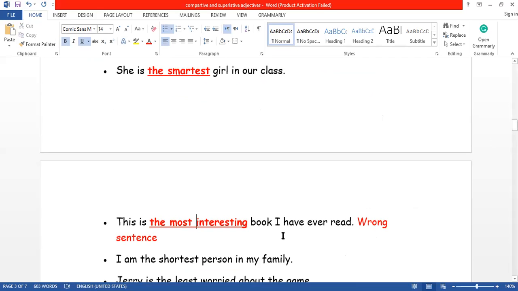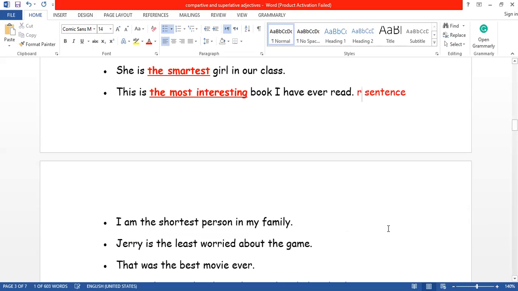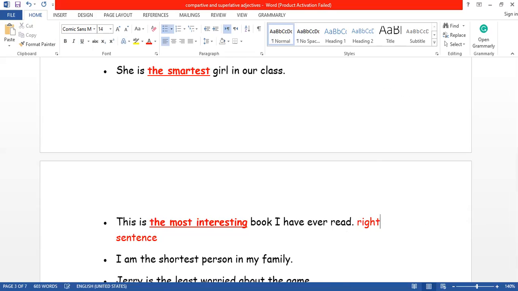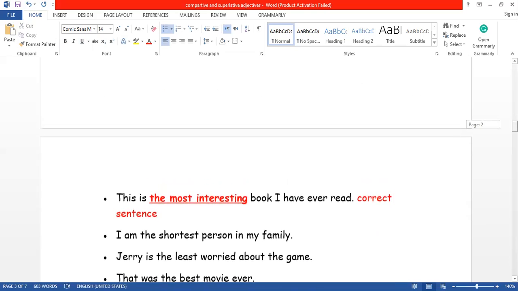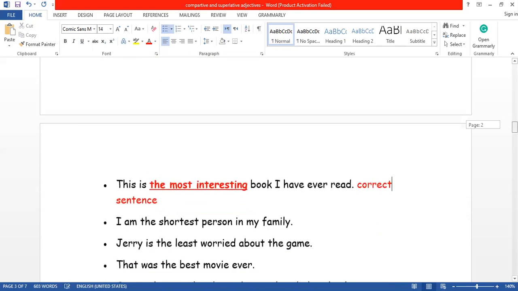So, the most interesting book I have ever read. Right now, it's a right sentence. Okay, so let's erase it and write correct sentence. Okay, well.